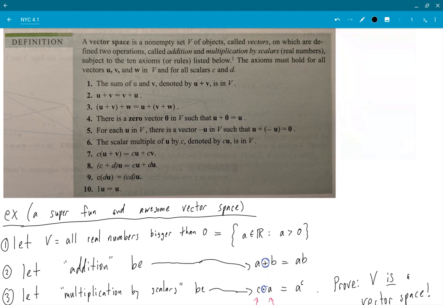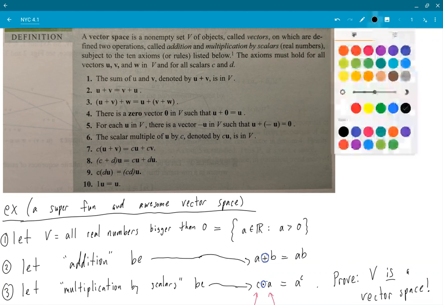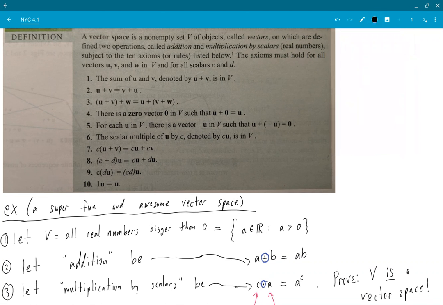So addition is defined to be multiplication. And scalar multiplication is defined to be exponentiation. This is a very strange set of definitions, but you can prove that this is indeed a vector space.